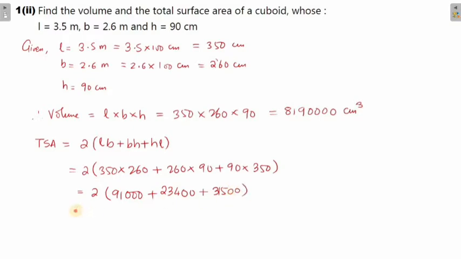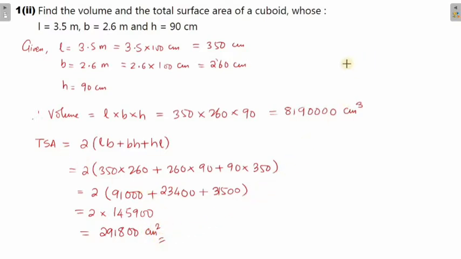Let's first add all these numbers. When you add all of them, you get 145,900. And when you multiply 2 with this number, you are going to get 291,800. And since this is area, your unit is going to be centimeter square.